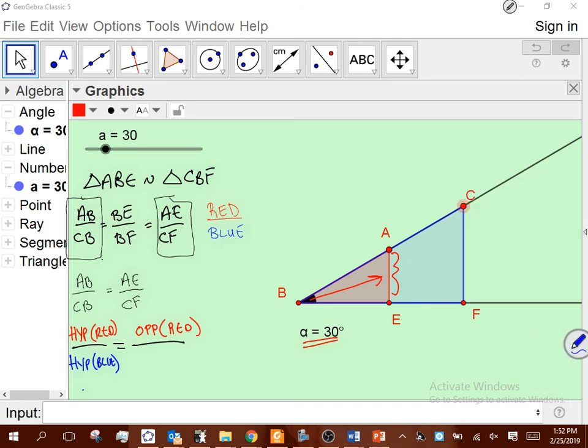You could call it the smallest side too, yeah. But I don't really care that it's the smallest side. I care that it's opposite that angle. Would you agree that CF is opposite that angle in the blue triangle?